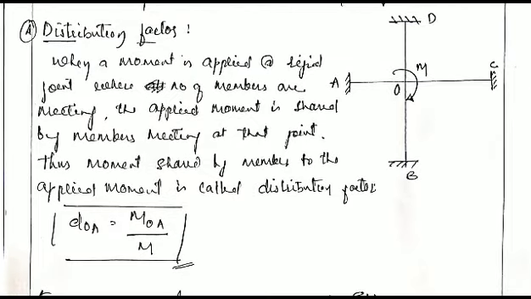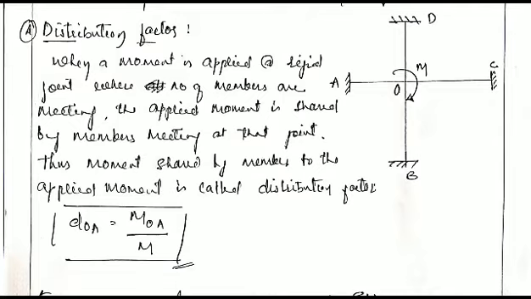Next coming to the distribution factors. What is the distribution factor? How are we going to distribute the loads to the far ends? Again we take an example. O is a joint which is connected with many other members: OA, OB, OC, OD.